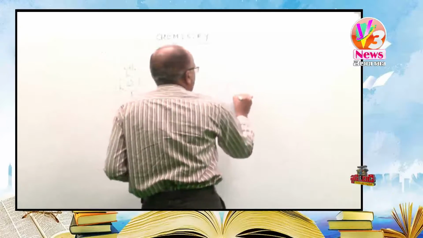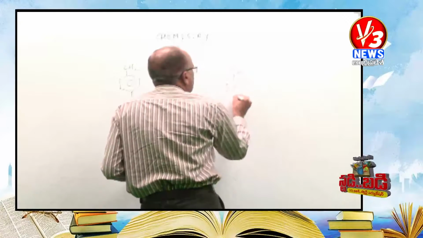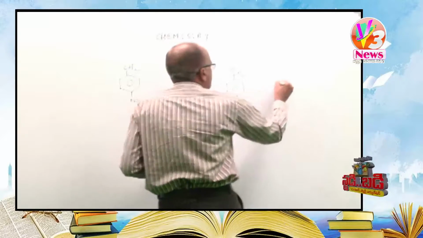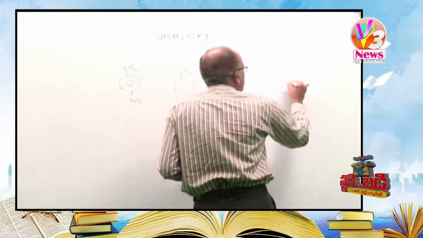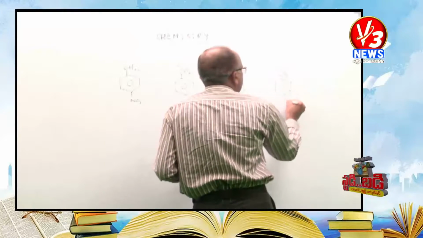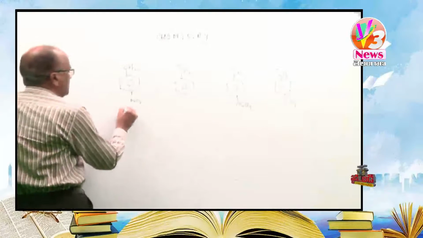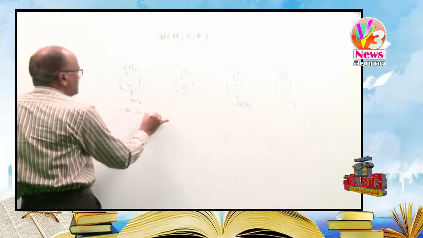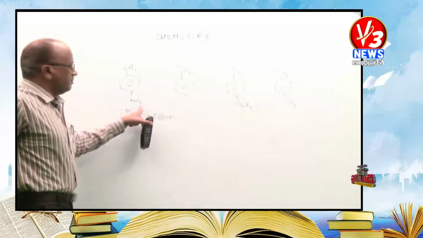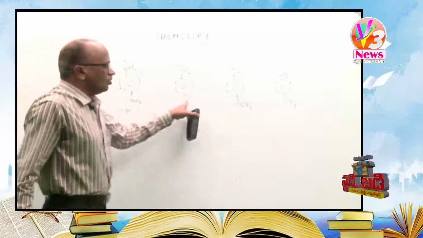Next, here I am substituting a methoxy group, OCH3. I am substituting a methyl group, CH2 minus CH3. Now, this NO2 shows minus M and minus I effect. This stabilizes the carbanion. Here no group.